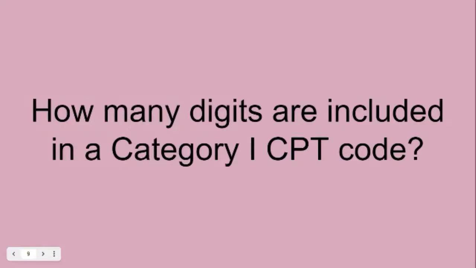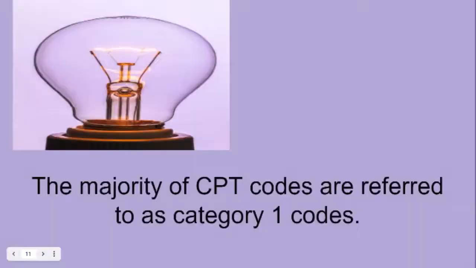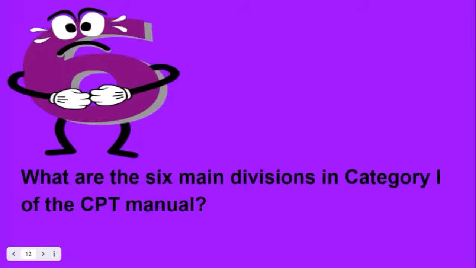So how many digits are included in a Category 1 CPT code? 5. The majority of CPT codes are referred to as Category 1 codes. What are the 6 main divisions in Category 1 of the CPT manual?